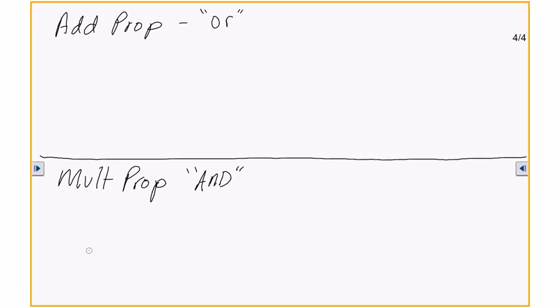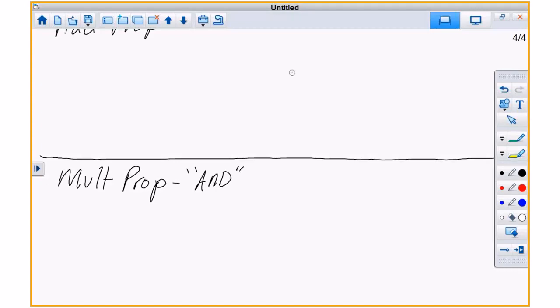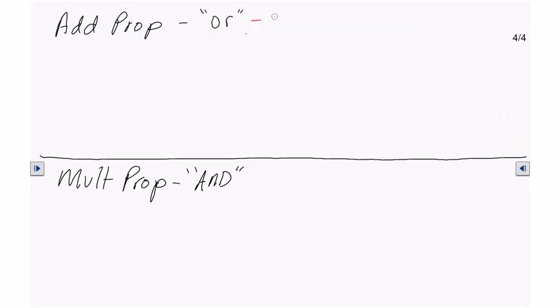So if you ever see a question that says, what is the probability of blank or blank, then you know that you're dealing with the additive property. We don't have much time to go over this, but we'll get started on it. With the or, the thing that you have to remember is always subtract the overlap.